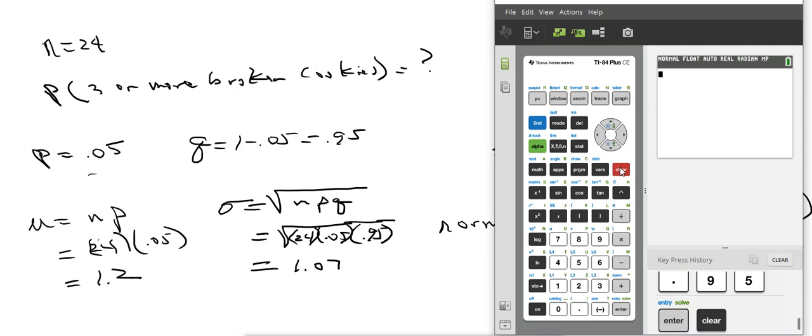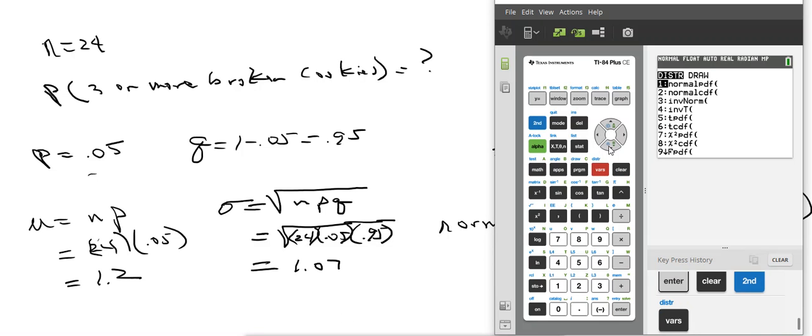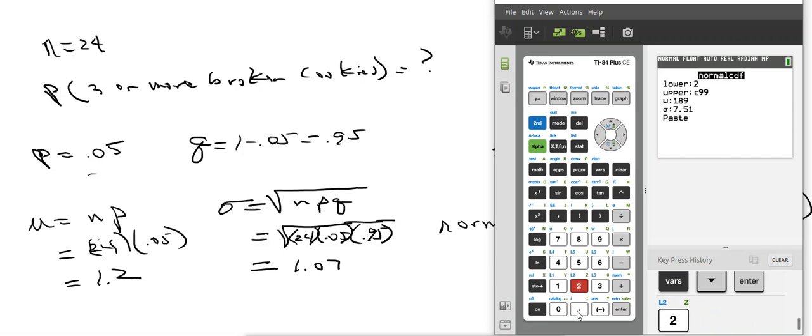So we're going to clear this out. Second function, distribution, normal CDF, the lower 2.5 to, okay, E99, got that in there. The mean is 1.2, standard deviation 1.07.